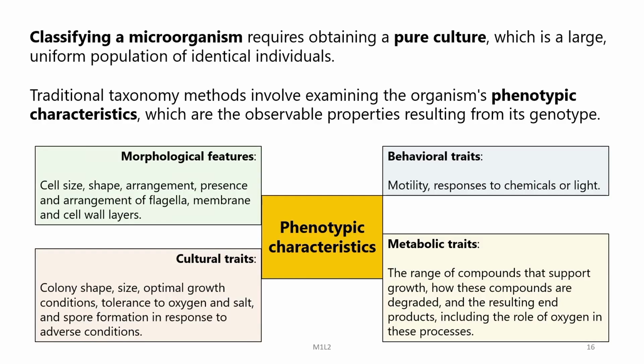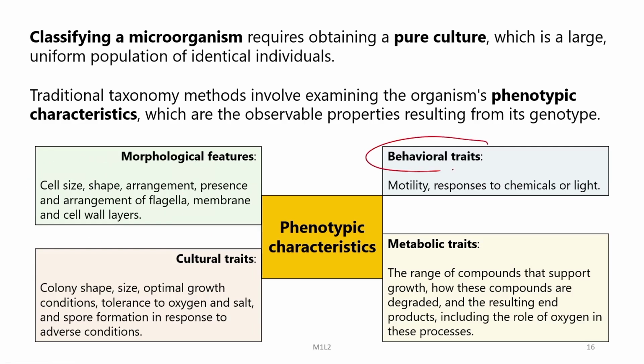Now, the various phenotypic characteristics that are considered in this entire process are morphological features, particularly the cell size, the cell shape, the presence and arrangement of flagella, membrane and cellular layers. While discussing bacteria, we will be discussing all these morphological features one by one.